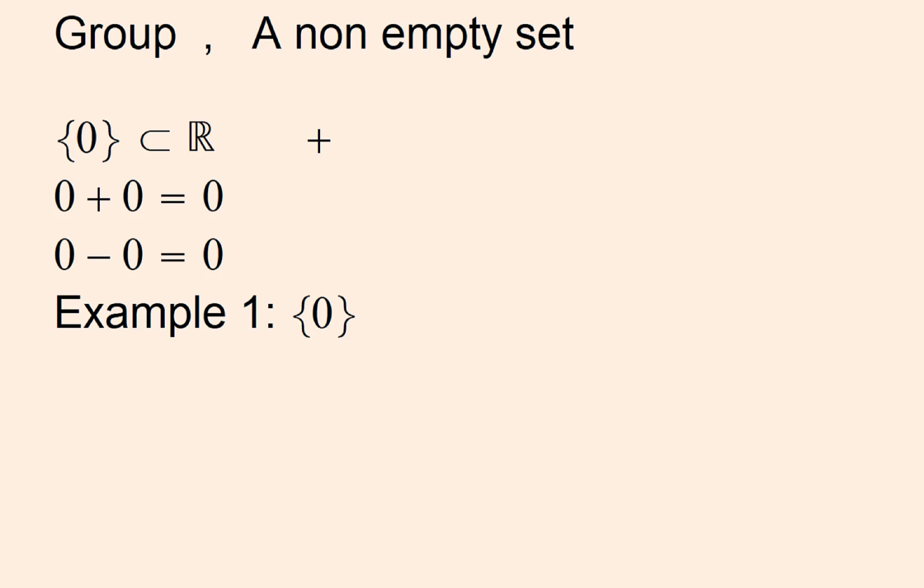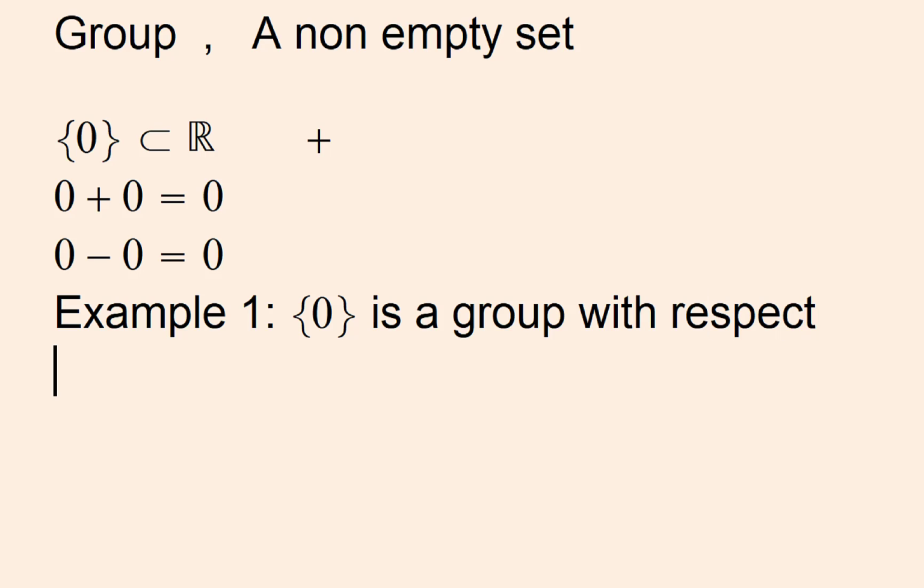So we have one example here, that is, this set 0 is a group with respect to addition. Which properties did it satisfy? It satisfied the property that if we add any two elements inside this set, we get an element within this set.